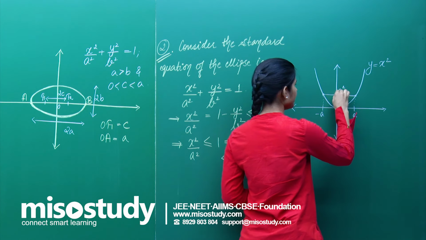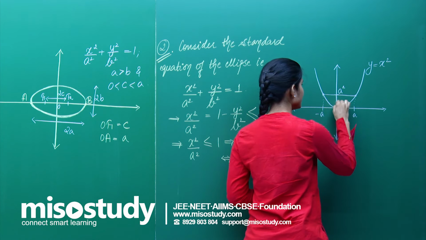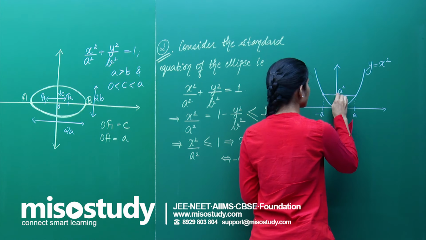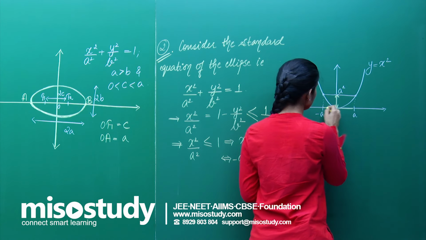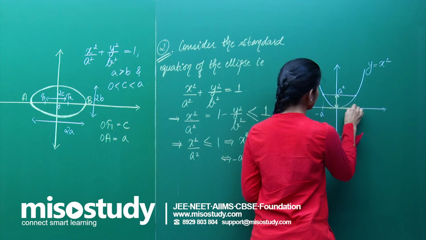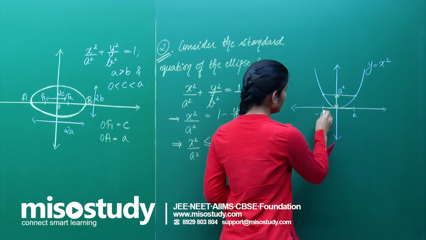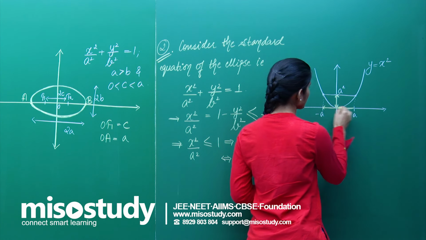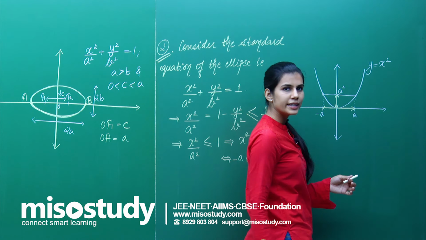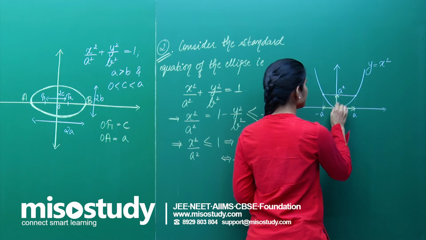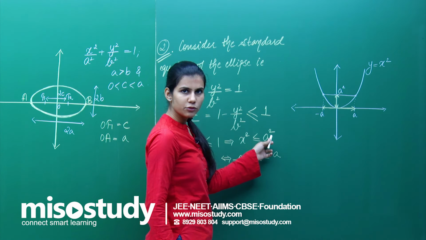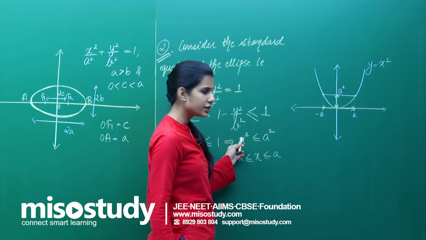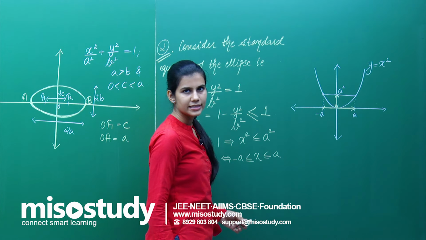So for x square to be less than or equal to a square, x square can lie from here to here. For x between minus a and a, minus a included, its square lies between 0 and a square. So x square is always greater than or equal to 0, and x has to be greater than or equal to minus a and less than or equal to a.